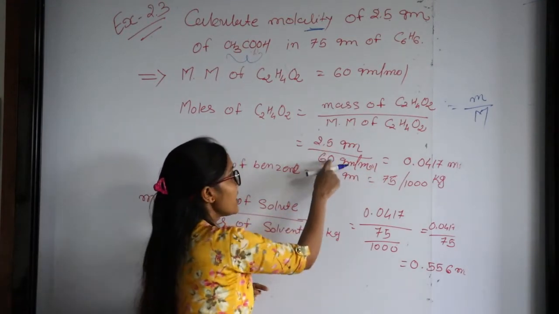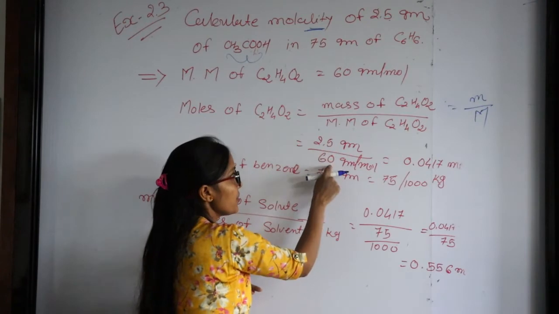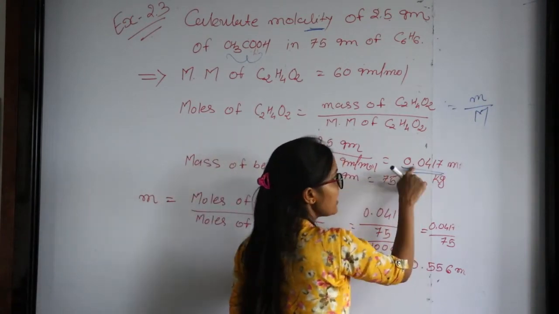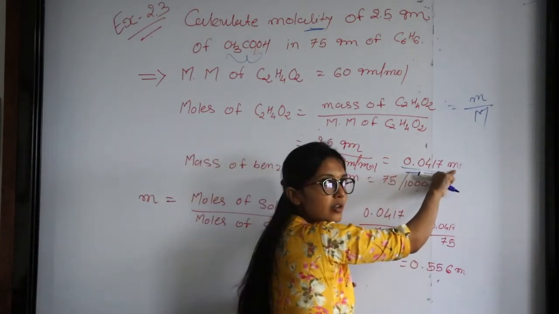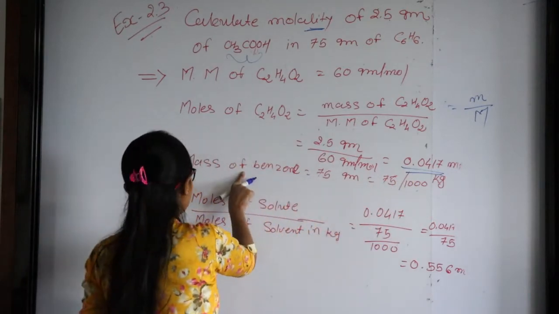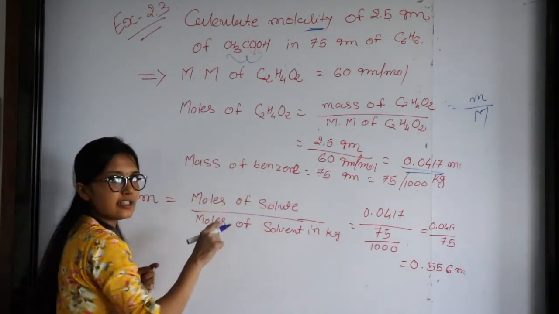Dividing these two values gives 0.0417 mole.